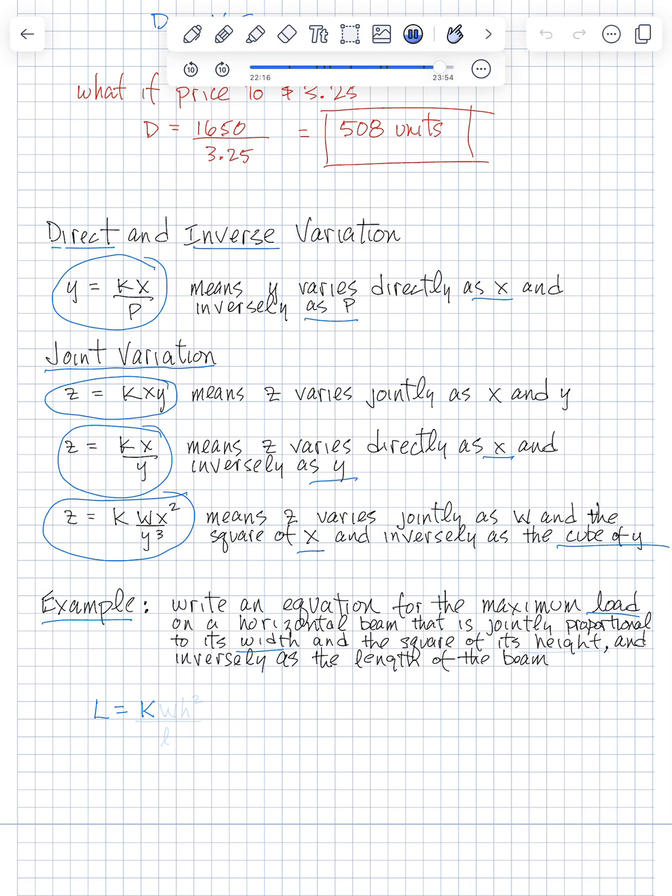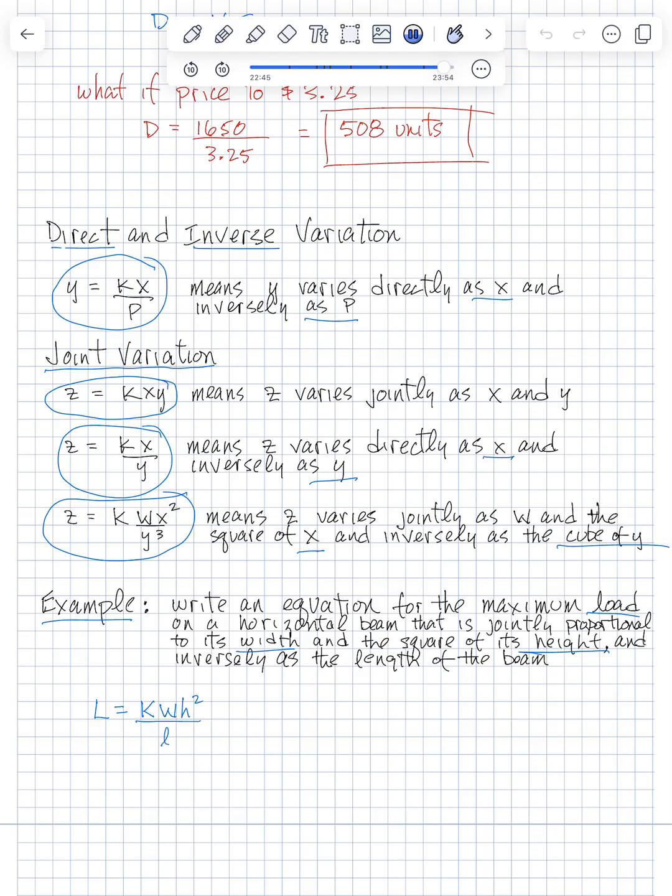Now it says directly proportional to its width, so that's kW, and the square of its height, so that's going to be h squared, and inversely proportional to the length of the beam, so we'll call it little l as the length of the beam.